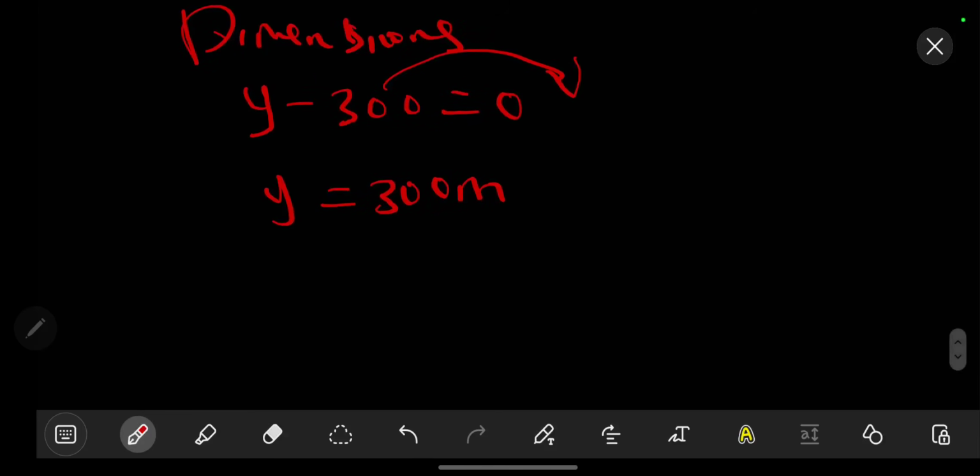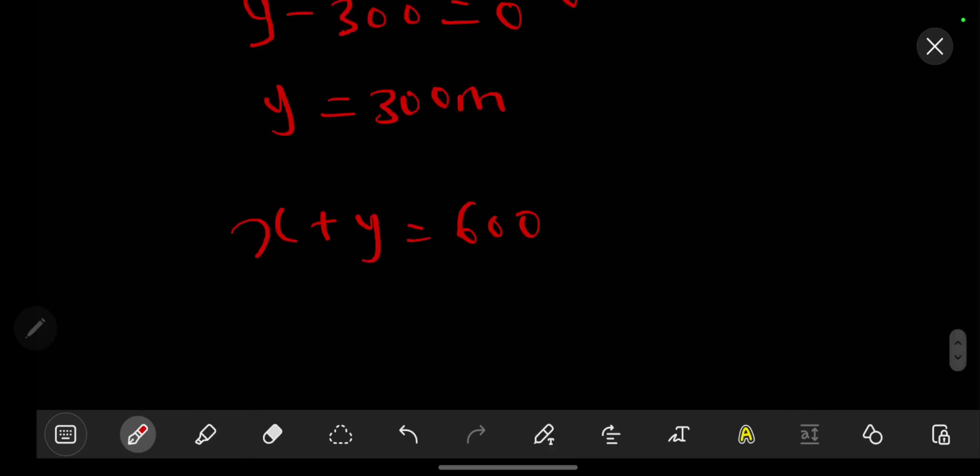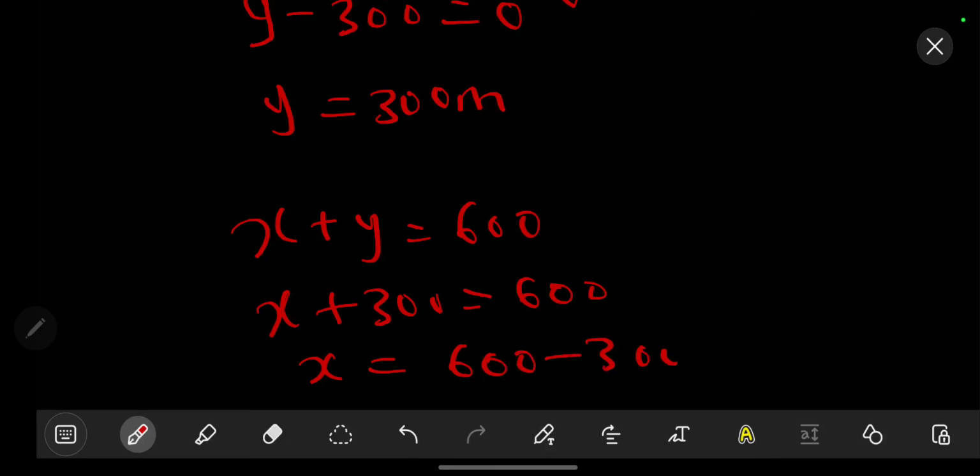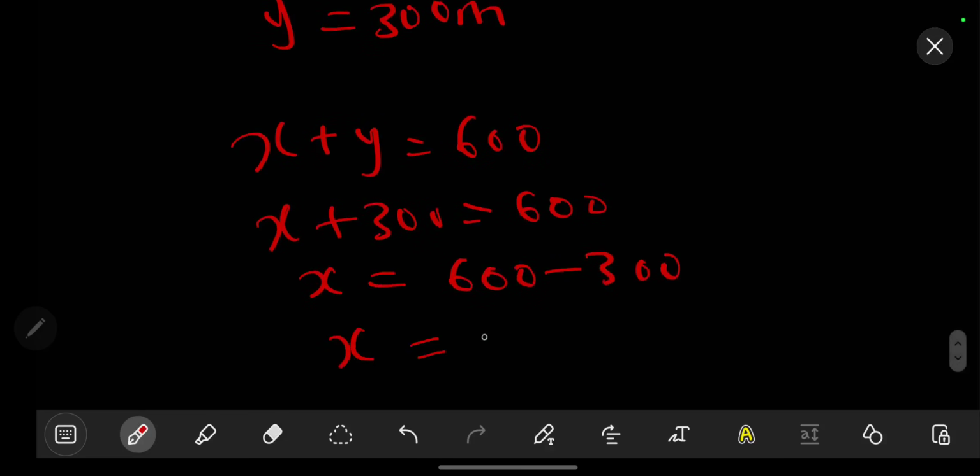Then we know that x plus y is equal to 600. Where there is y, we put 300. So x plus 300 is equal to 600, so x is equal to 600 minus 300, which gives x equal to 300.